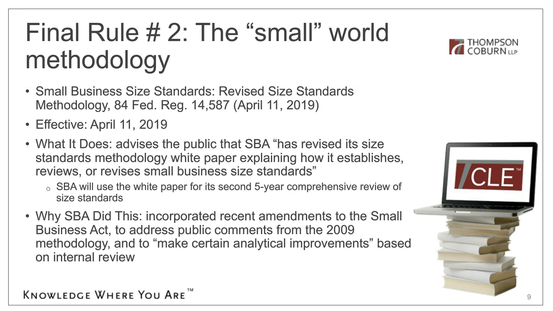And SBA explained that it was going to use this paper for that 5-year rolling review of industry-based size standards. So all of those things that I was mentioning earlier that SBA is supposed to look at, the average firm size, startup costs, all of those things, this paper that was published in April of 2019 explains the methods that SBA would use in doing that review.